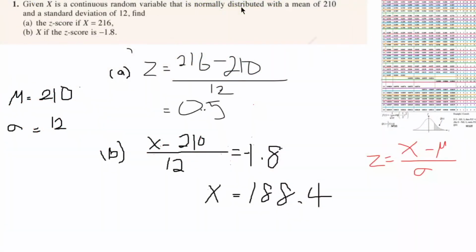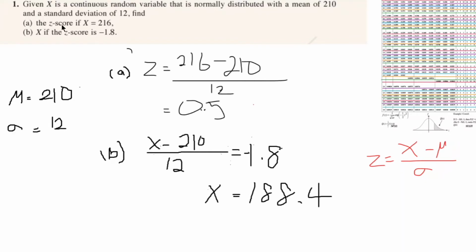That is normally distributed with a mean of 210 and a standard deviation of 12. Find the z-score if x equals 216. Before we answer the question, list out the information that the question has already given us. So we list down that the mean is equal to 210 and the standard deviation is equal to 12.